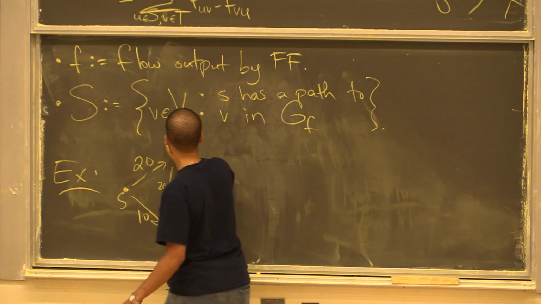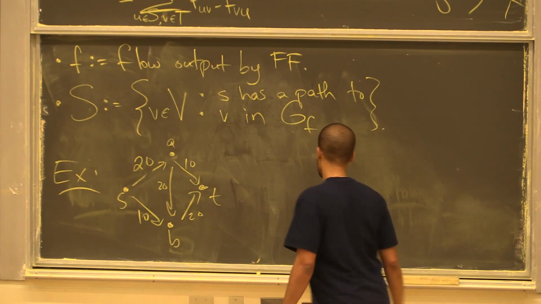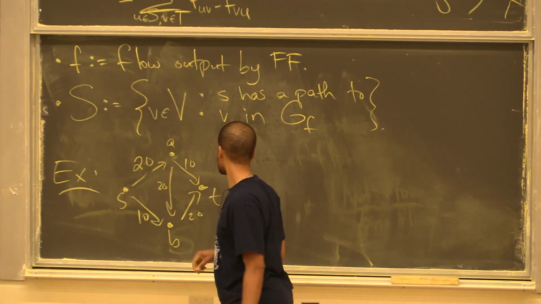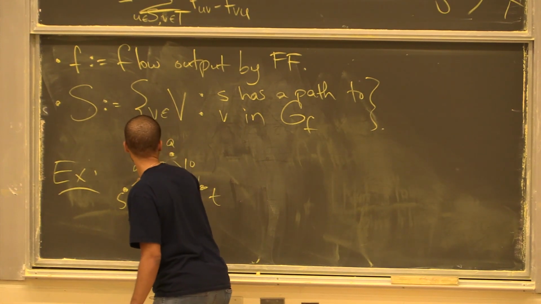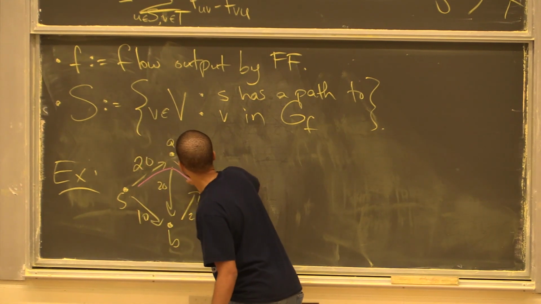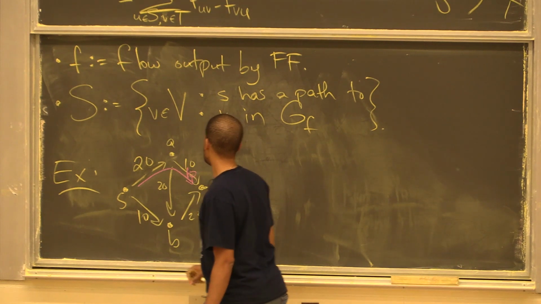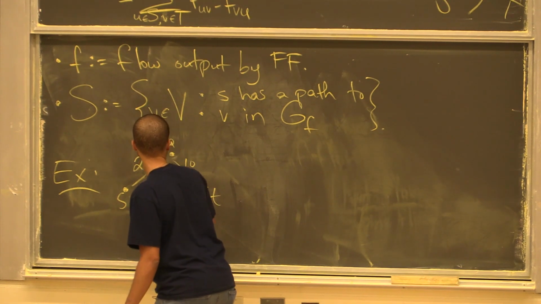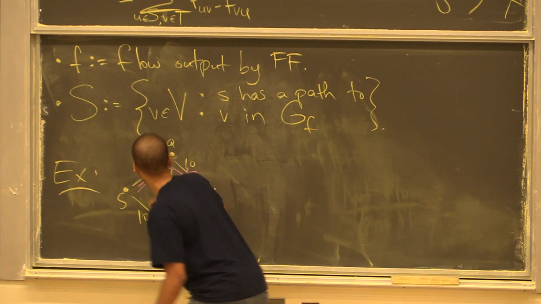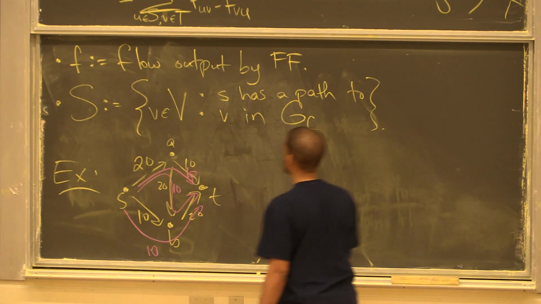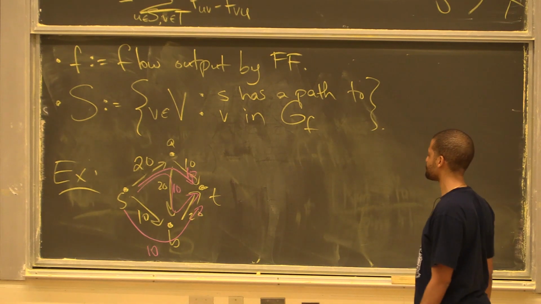Let me give these vertices names, A and B. And we saw that the max flow of this graph is this. So we flow 10 this way. We flow another 10 this way. And then we flow a final 10 this way. That's the flow that Ford-Fulkerson would return.